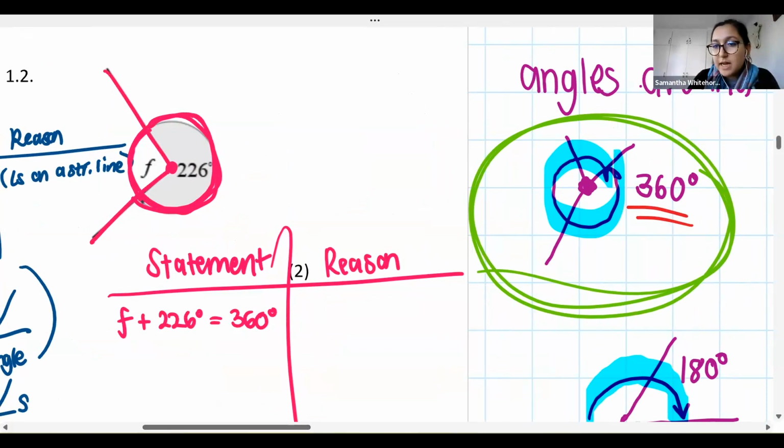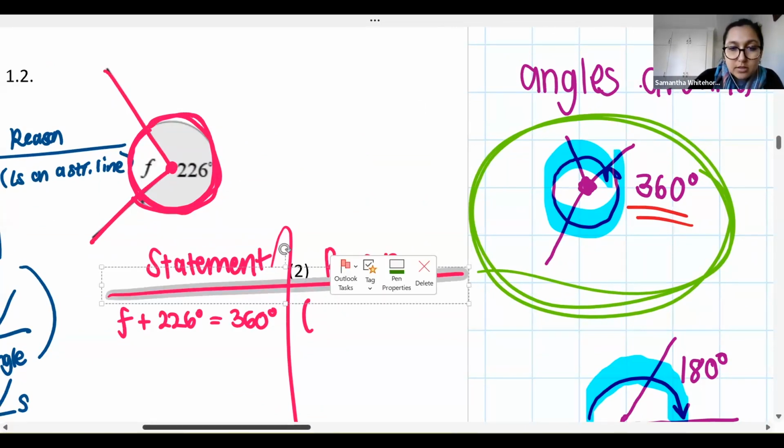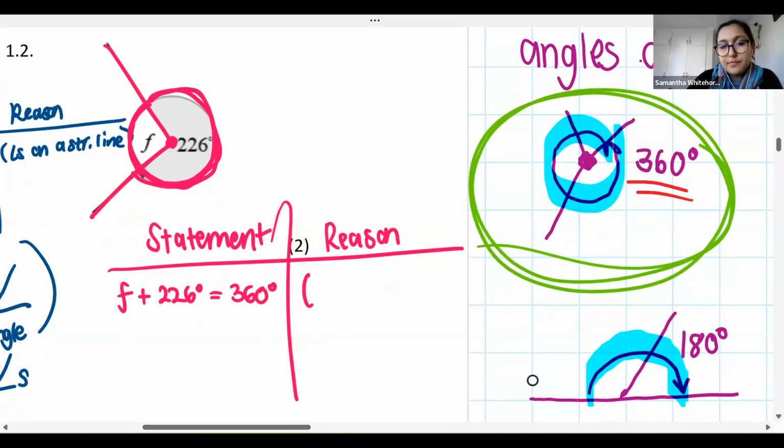Yes, one's a reflex angle. Yes, one is not, but that doesn't matter. There are angles around a central point. And so my reason is angles round a point. PT is point. I'm just abbreviating, and you can do that as well.